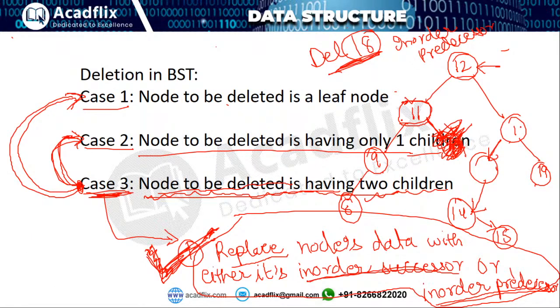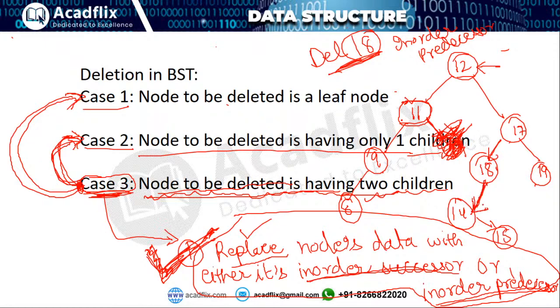So I'll bring 17 over here and I'll bring 18 over here. After performing this step, I have converted my problem from case 3 to case 2, because 18 now has only one child.